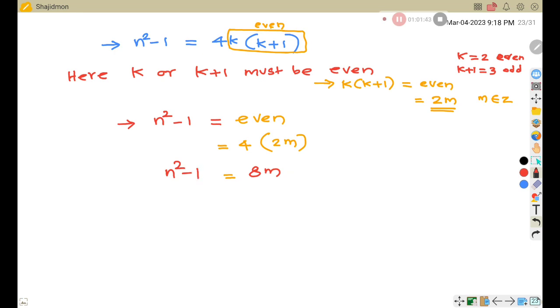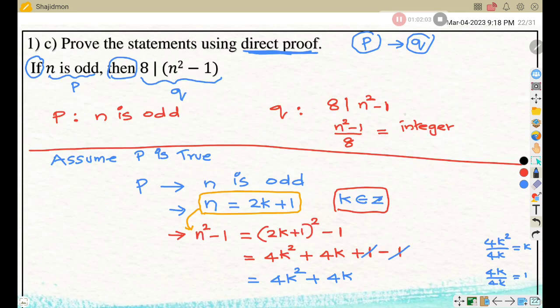Just divide both sides by which number? 8. So like this, n square minus 1 equal to 8m, divide by 8, divide by 8. So 8 will cancel. So (n square minus 1) divided by 8 equals m. Why did we divide by 8? Because where do we need to reach? We need to reach here. (n square minus 1) divided by 8 should be an integer number, correct.